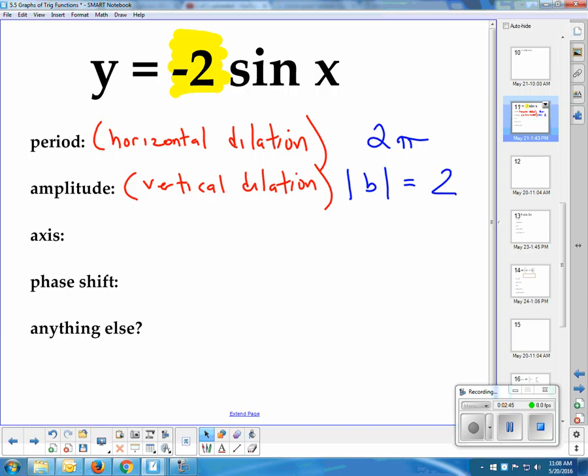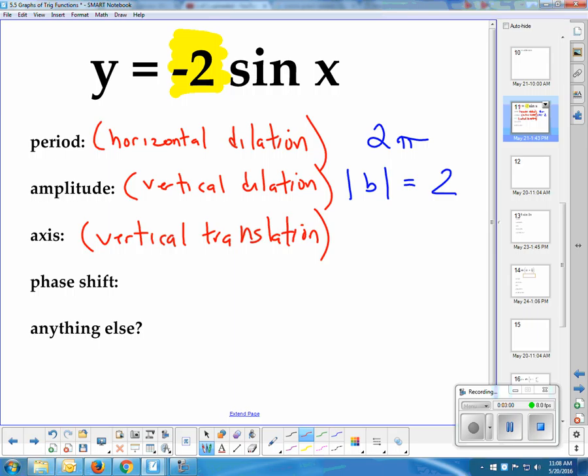The axis of the wave will be affected by a vertical translation. Let me spell that right there. Vertical translation. And that would be indicated by a value that is added or subtracted to the entire function.